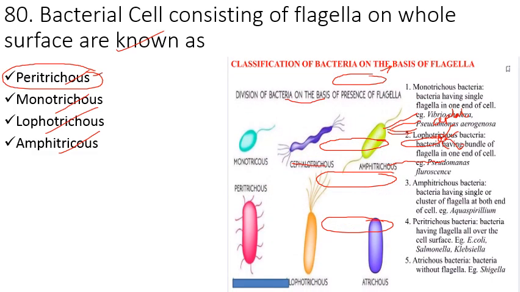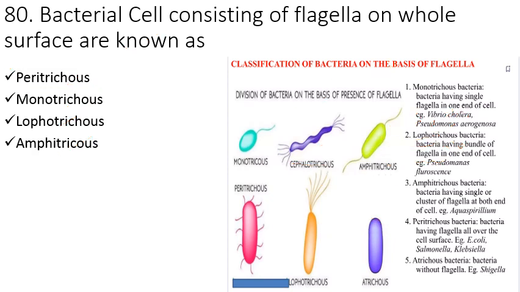We have classification on the basis of flagella. First, monotrichous. Its examples are Vibrio cholerae and Pseudomonas aeruginosa, bacteria that contain a single flagellum at one end. Then we have lophotrichous bacteria having a bundle of flagella at both ends. Cephalotrichous means a bunch of flagella at one end, meant for the directional movement of the bacterial cell.